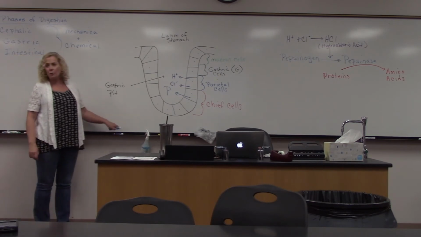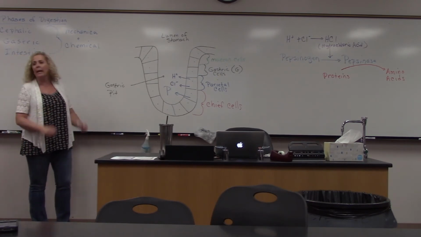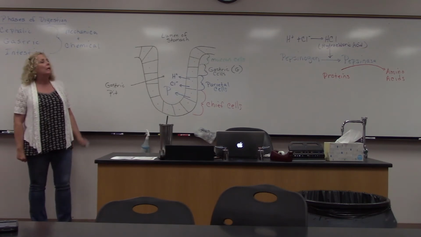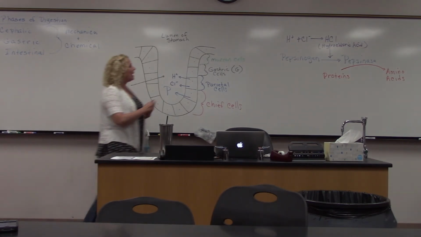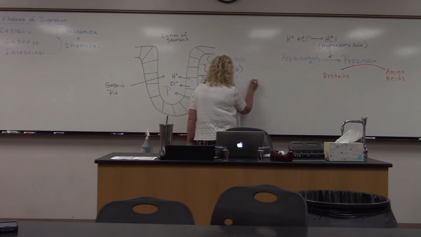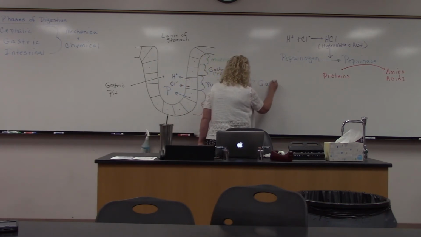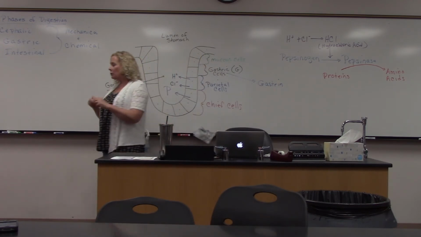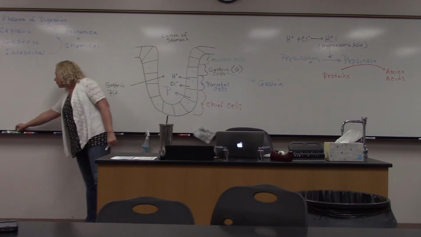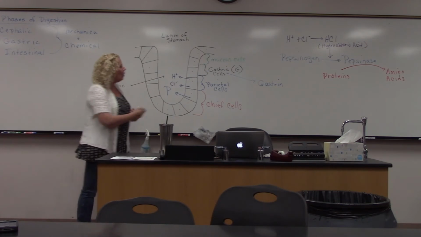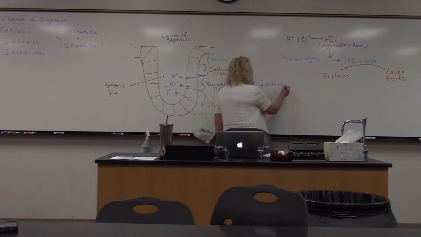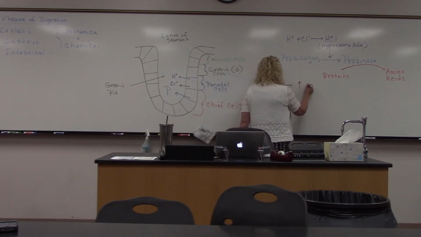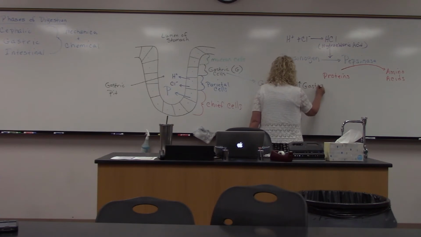The gastric cells, they don't secrete anything into the gastric pit. Instead, the gastric cells actually secrete a hormone called gastrin. Now, gastrin has a couple different jobs. One of the jobs of gastrin is that it also increases gastric motility.